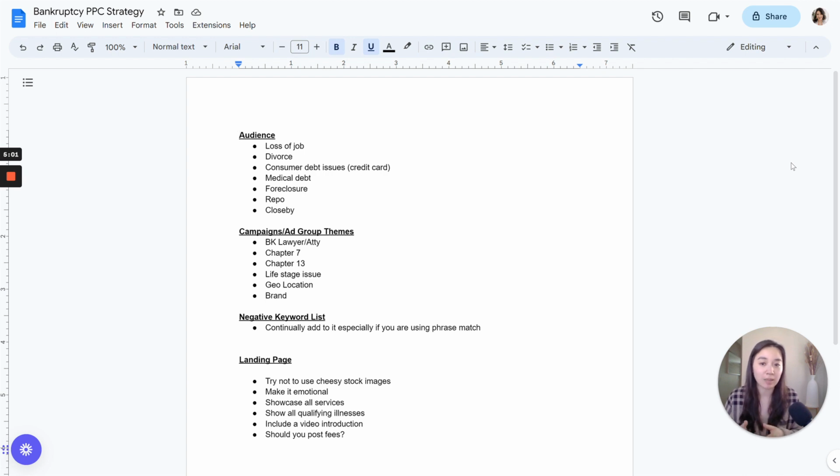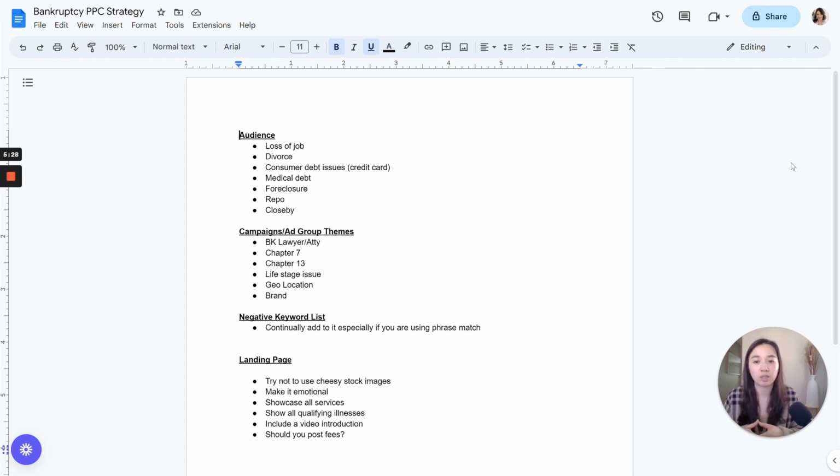Second up would be Chapter 7, and then third would be Chapter 13 specific keywords. A lot of people actually don't realize what type of bankruptcy they need, so they'll self-select. They may even say that they need a Chapter 11, but a lot of bankruptcy attorneys don't offer that service, and Chapter 11 is not necessarily for consumers.